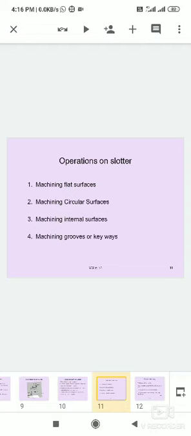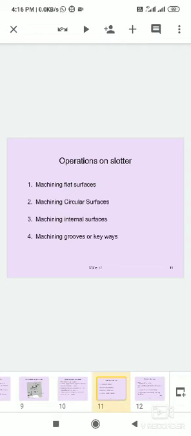And the last one is machining blind holes. Cutting a blind hole on a slotter, the stroke is adjusted such that the cutting stroke ends when the tool reaches the bottom edge of the hole.